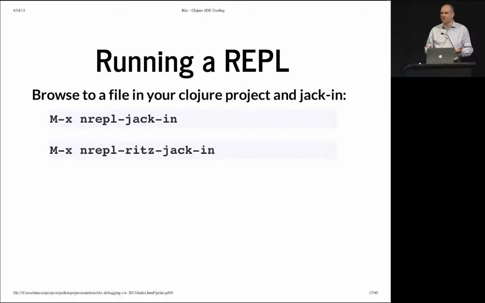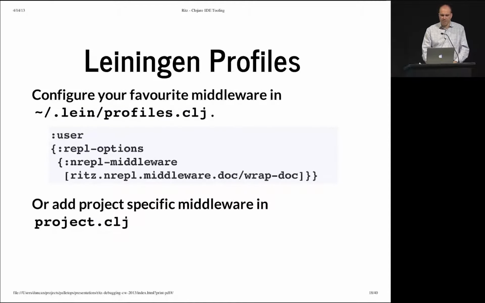To use these, you navigate to a Clojure buffer within your project and enter these commands, and it will start a session, an nREPL server, in the context of that project, and connect to it. To actually use middleware, you select which middleware you want, again, using Leiningen, either in your global profiles or in project-specific profiles.